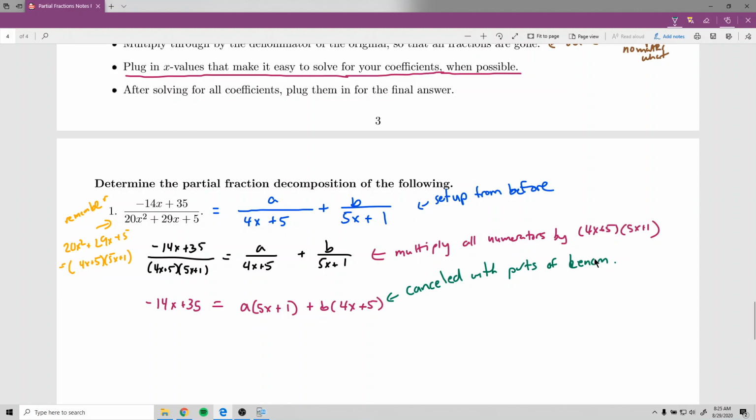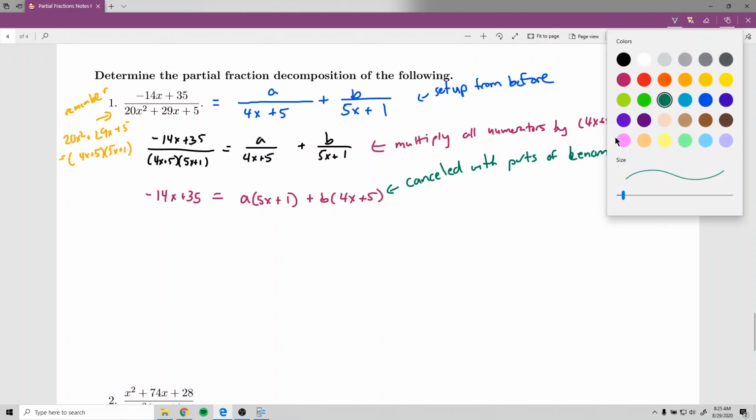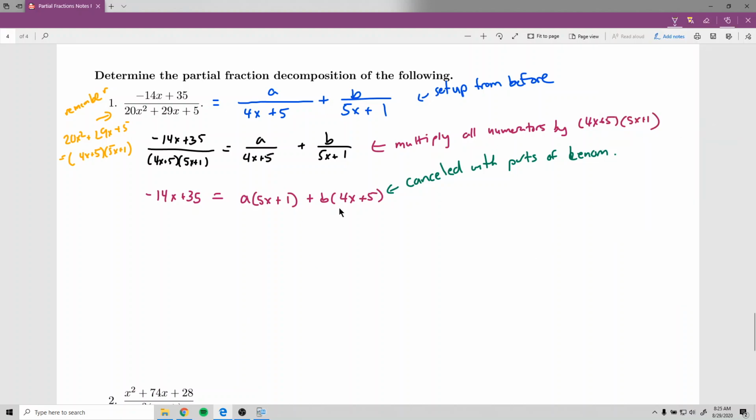All right, now what you do from here, like I said, this is where many people will do different things to solve. I'm just going to show you what I do, because to me this is the easiest thing. Our goal here is to solve for a and b.